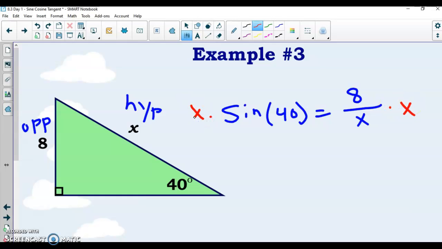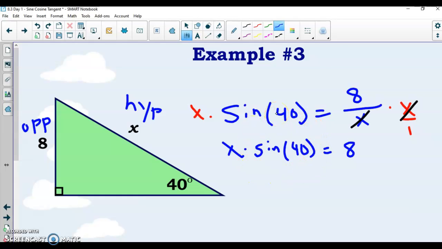Or think of it as x over 1, right? That's going to cancel out the x from the bottom part of that fraction on the right-hand side. And now we'll get x times sine of 40 equals 8. Then I will get x by itself. Sine of 40 is really just a number. You can type it in your calculator and figure out what number it is.